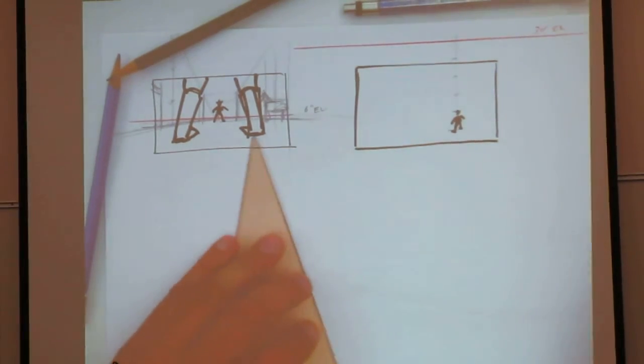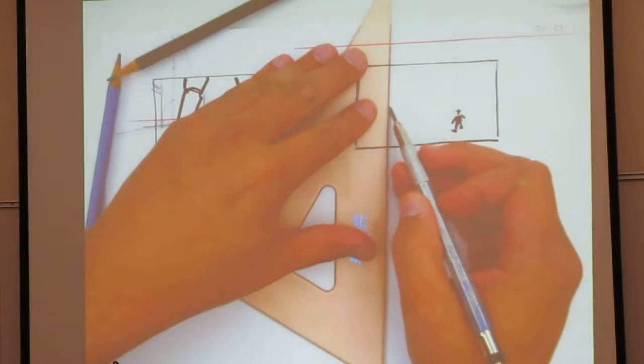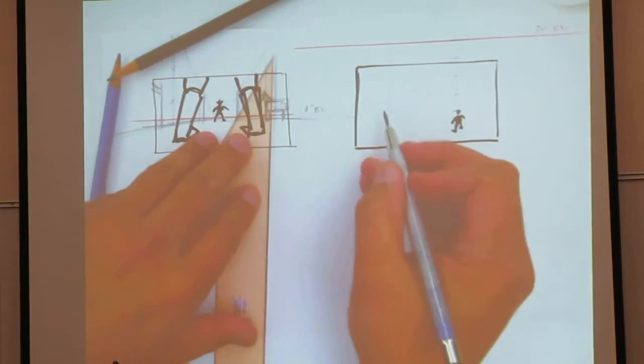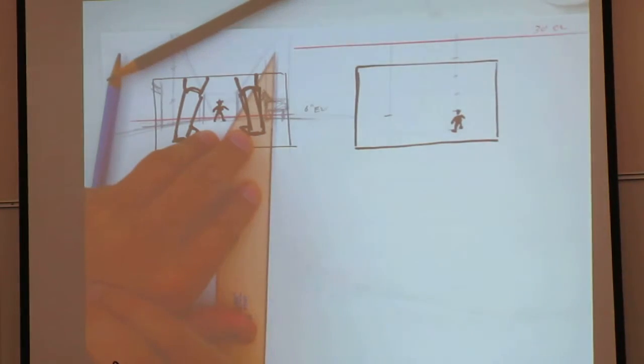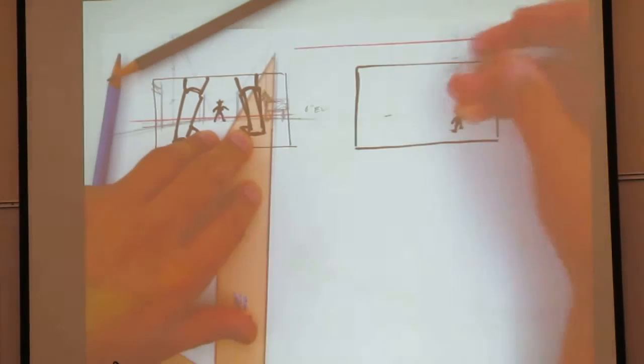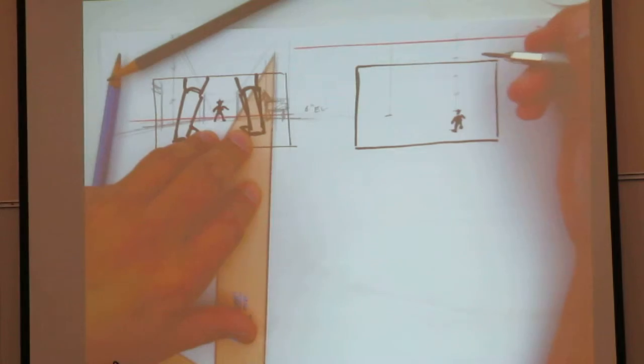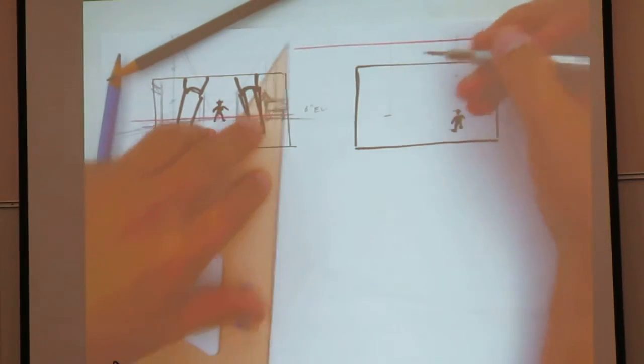Okay, now this is why this is important. He needs to be 1/5 of this. So now I know how to scale him. I can go, okay.